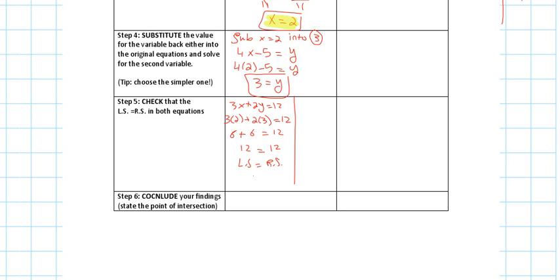Okay? I'm going to have to do the same thing for my second equation. My second equation was 4x minus y equals 5.